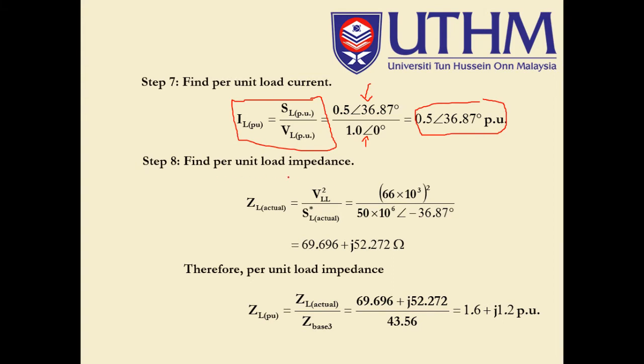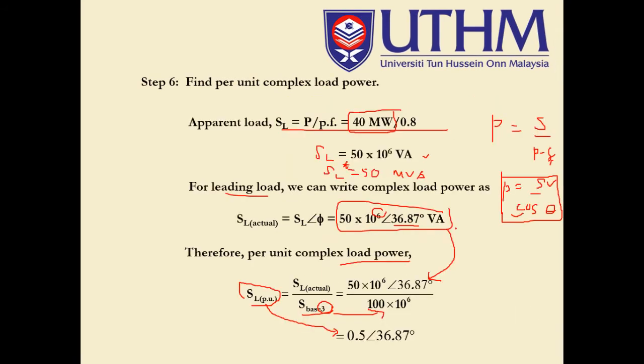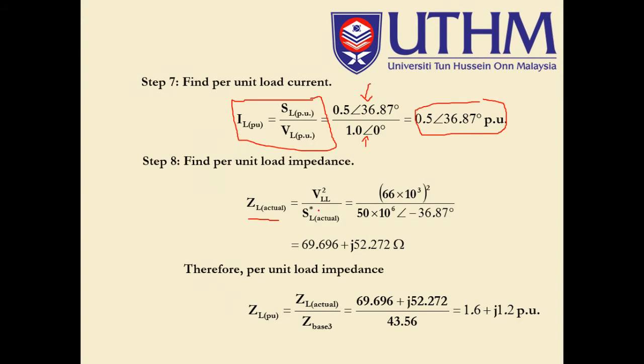So find load impedance, ZL actual equal to Z line to line square over SL conjugate. Okay, so 50, again this is from here, all right. So from this calculation into here, and then don't forget the conjugate operation.